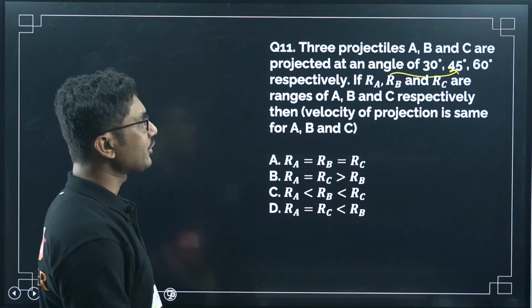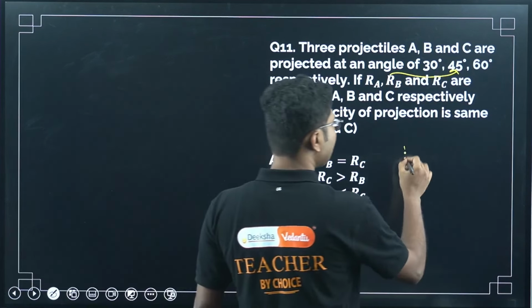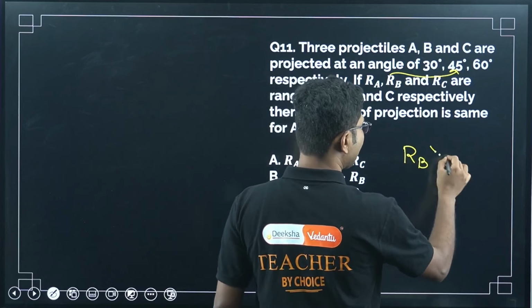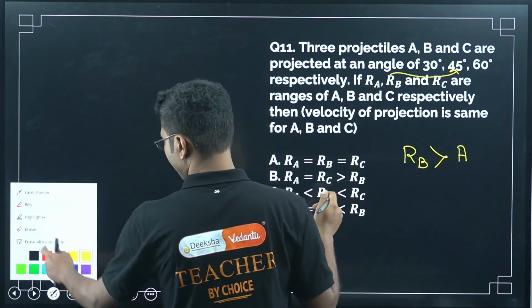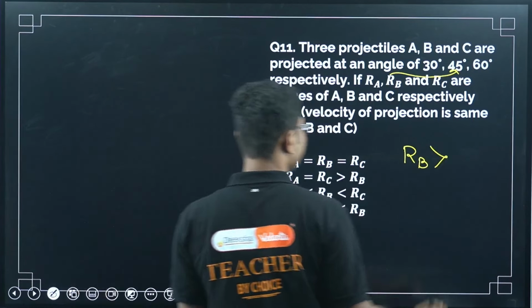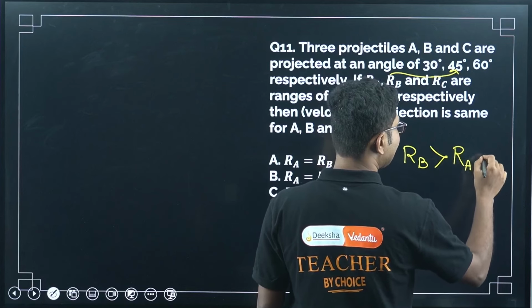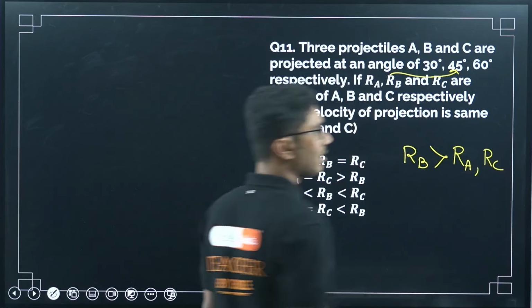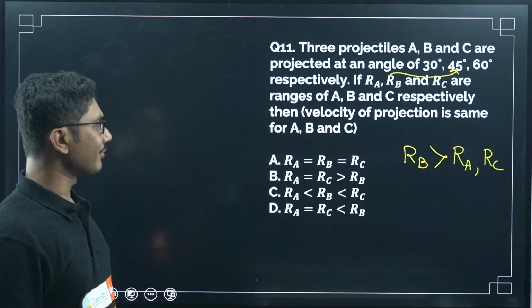So RB should be greater than RA and RC. If the angle of projection is 45 degrees, the range will be maximum. So range will be greater than in any other cases. And this is sufficient to answer this particular question.